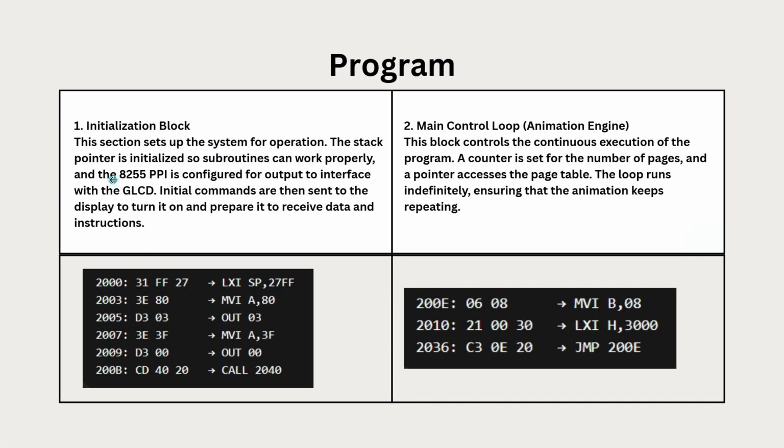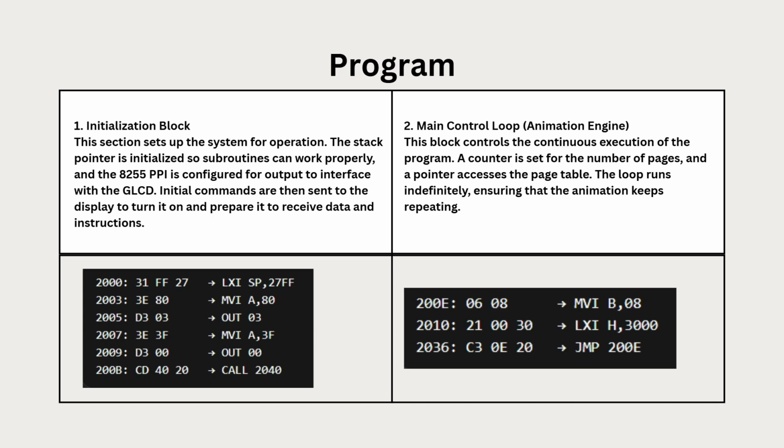Firstly, we start with the initialization part of the program. Here, the stack pointer is set to a safe memory location. This is important because my program uses multiple subroutines, and without a properly initialized stack, the call and return instructions would not work correctly.